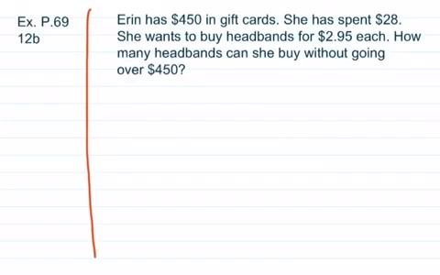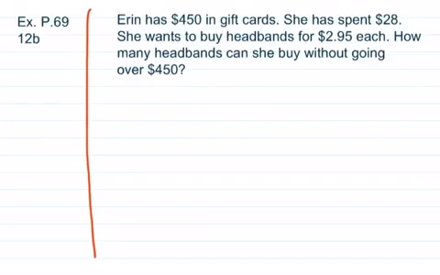Let's read our example. Erin has $450 in gift cards. She has spent $28. She wants to buy headbands for $2.95 each. How many headbands can she buy without going over the $450?